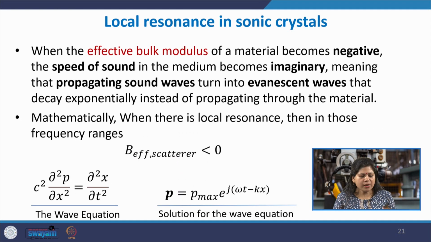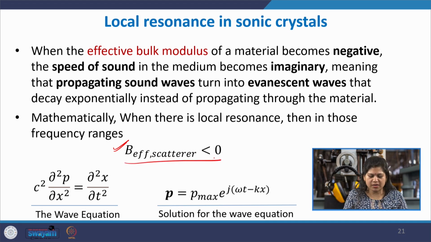So, what is the effect of having a negative bulk modulus or a negative mass density? This is what has already been covered, but just a quick recap. At resonance, the effective bulk modulus of the scatterer becomes negative, let us say, because of the resonance. The solution of the wave equation is e to the power j(omega t minus kx), times some amplitude function.